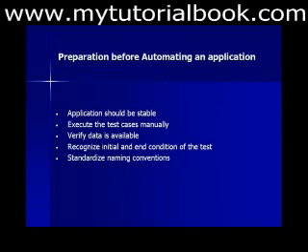What I mean by that is, you need to make sure that the final state of the application after the script was run is in the same state that it was before the script started to run. So in this way, you can run various iterations. Or else, if this is not the condition, then when the script tries to run for the second iteration, it might fail. That is because the end condition of the application is not the same as the beginning condition.